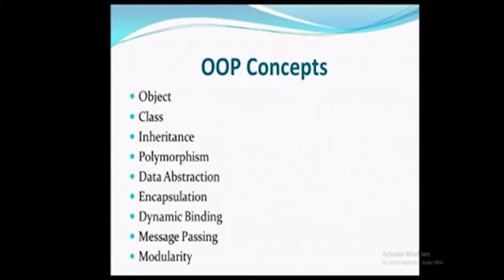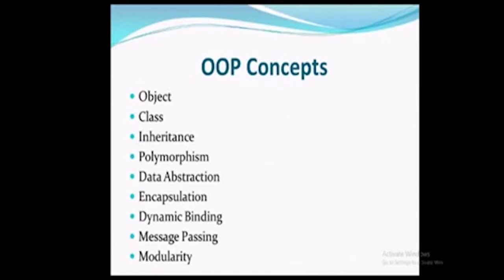Next one is polymorphism. Polymorphism is the ability to take more than one form. An operation may exhibit different behavior in different instances, as the behavior depends upon the types of data used in the operation. For example, consider the operation of addition for two numbers. The operation will generate a sum.